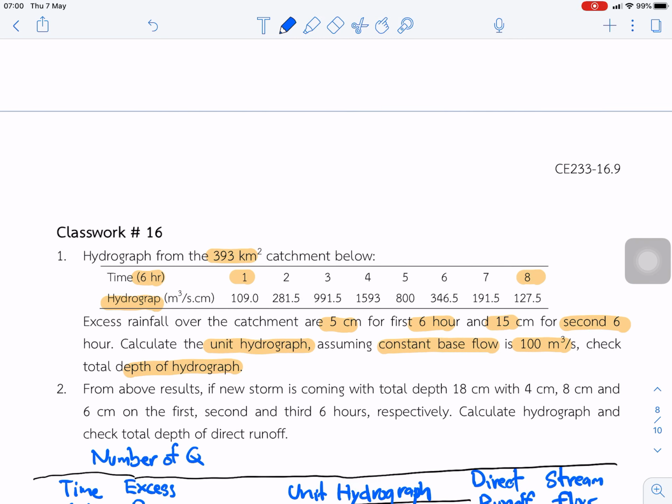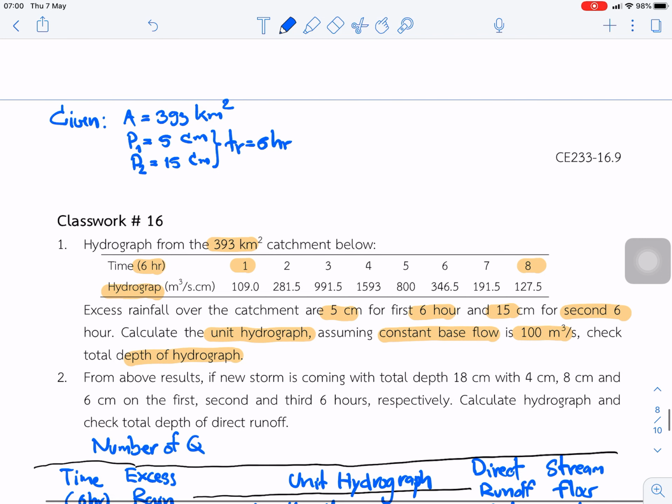Okay, we can work on the top. This is the given data. The first is the area of the catchment. We bring out the information, and the excess rainfall is P1 and P2, only two.